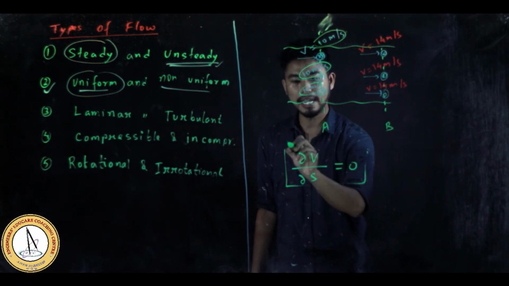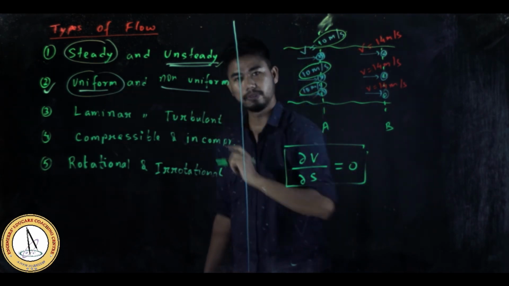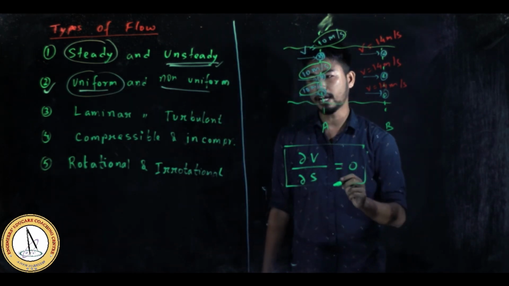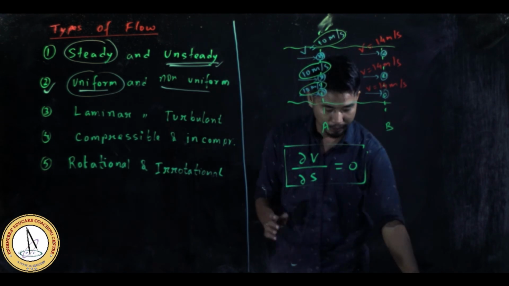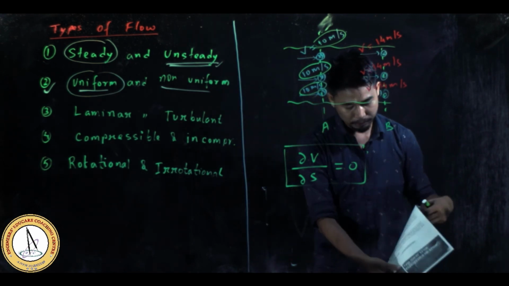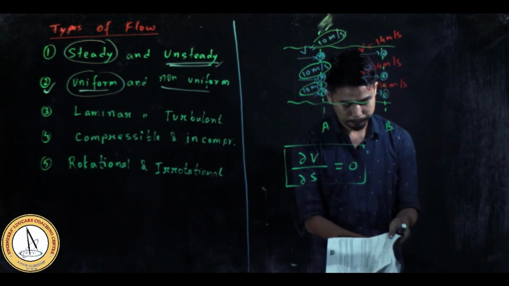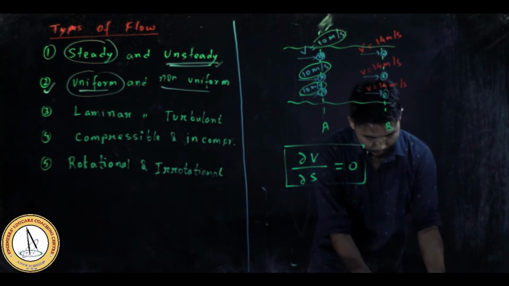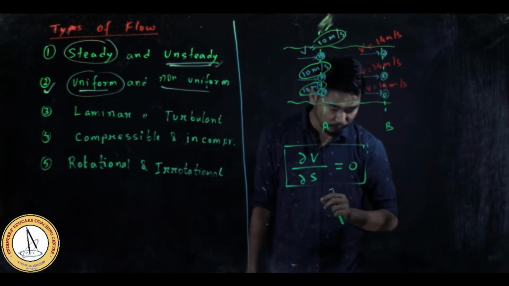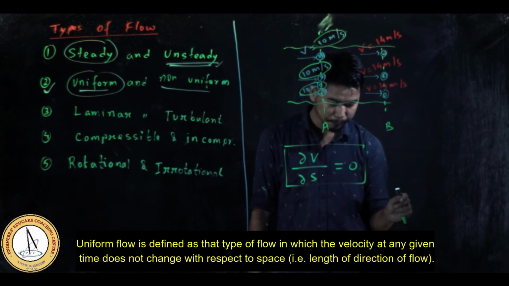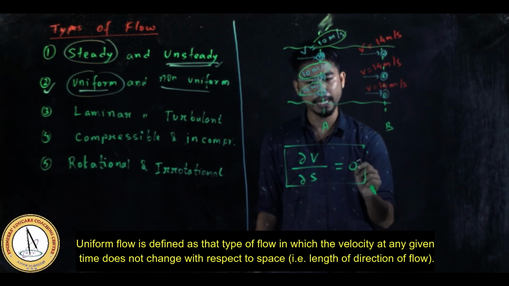This is the mathematical expression for uniform flow. The proper definition I am showing on the screen and I am going to dictate it. You please pause the video and write it down. Okay. Uniform flow is defined as the type of flow in which the velocity at any given time does not change with respect to space.